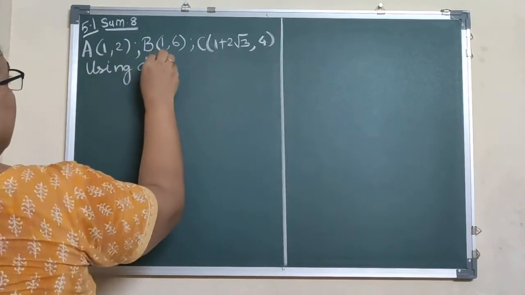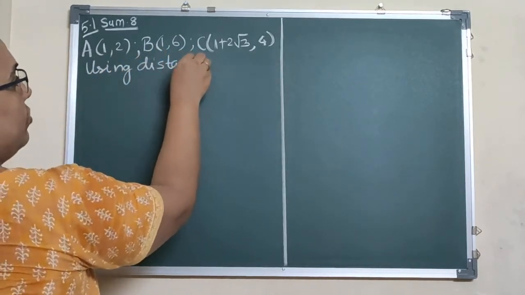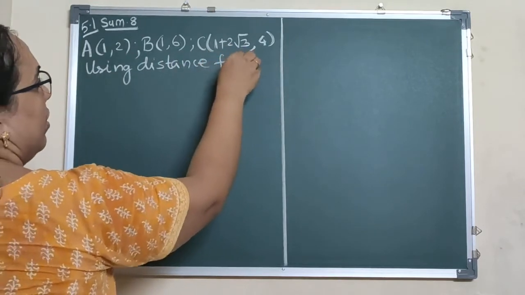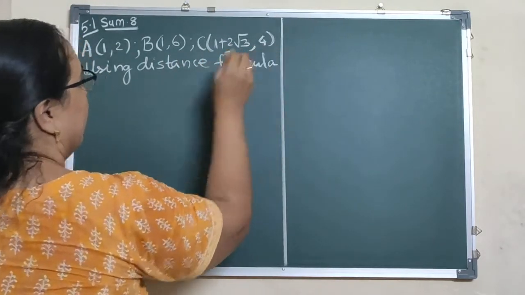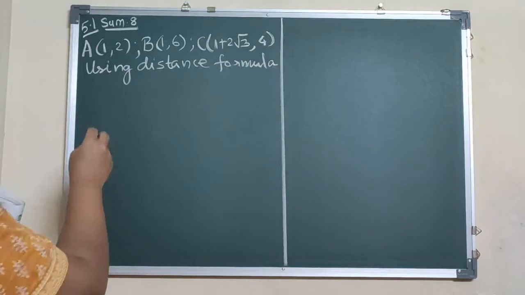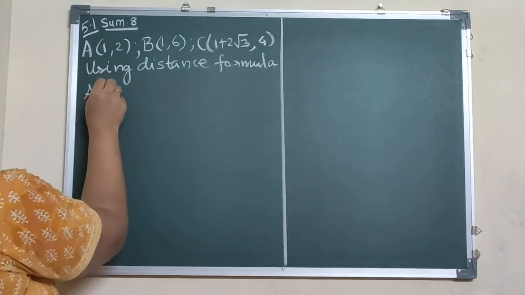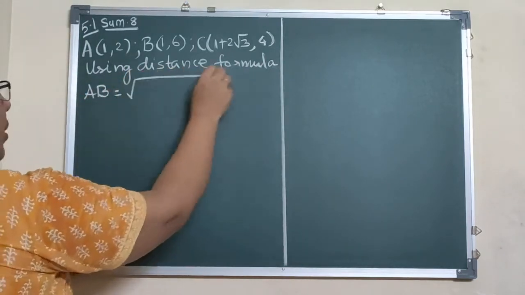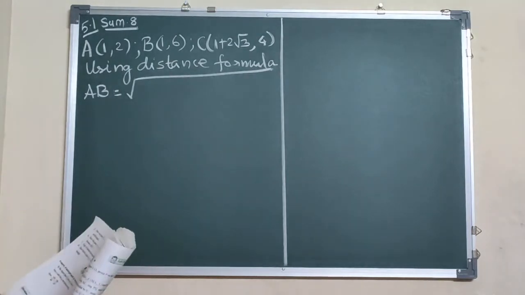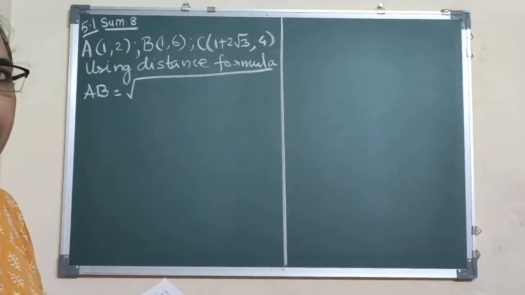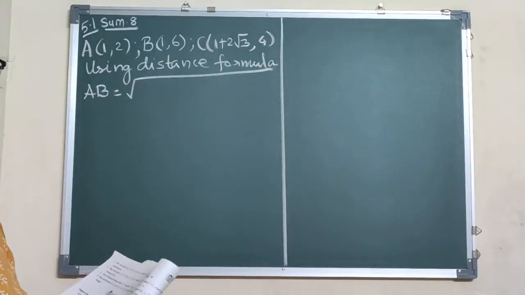So first time when you are using it, you will write the formula. AB equals square root of x2 minus x1 the whole square plus y2 minus y1 the whole square.